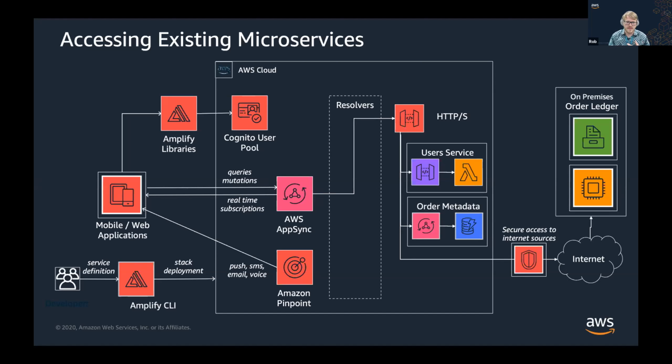Likewise, we can have something that has order metadata behind another AppSync API that we can actually invoke through this resolver. So you can chain these APIs together by using HTTPS endpoints. Then you might have an on-premises system that has the actual ledger of order transactions, and because the historical data is there, maybe you keep sending the data there. Who knows? It's a design decision that your company might have made.